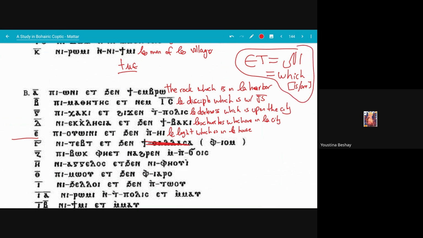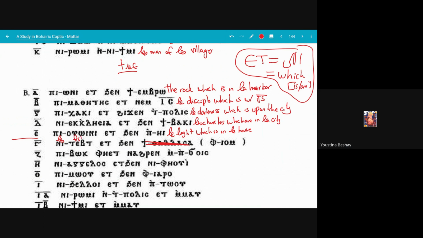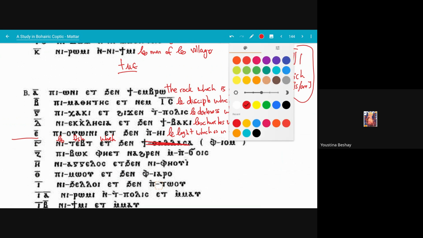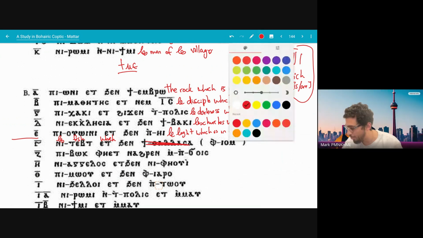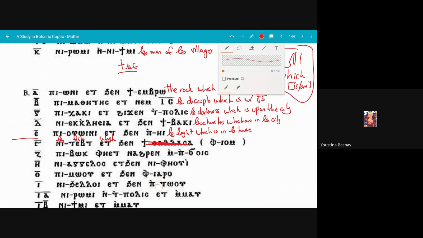I don't know what tet means. Is it the jewel? So theft is fish. Fish? Okay. The fish which is in the yom is the sea. Yeah, makes sense. Okay, the sea.